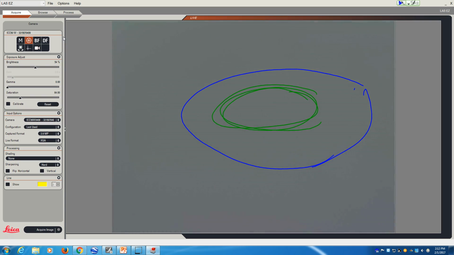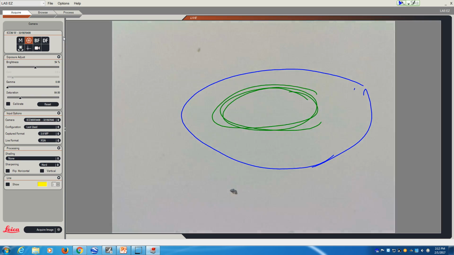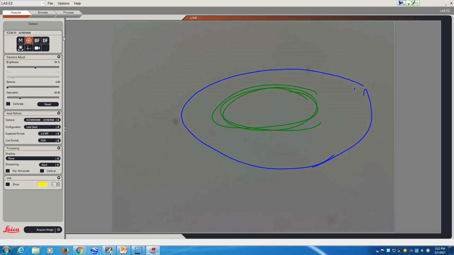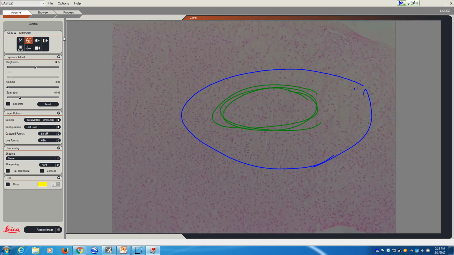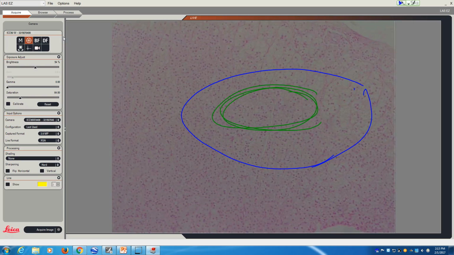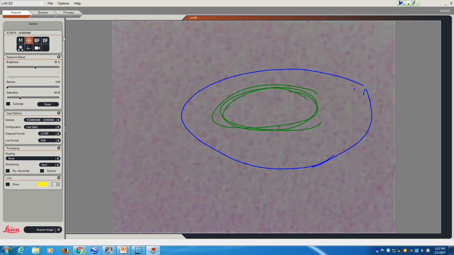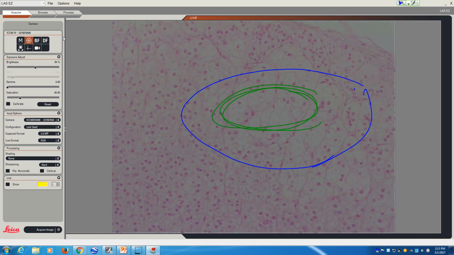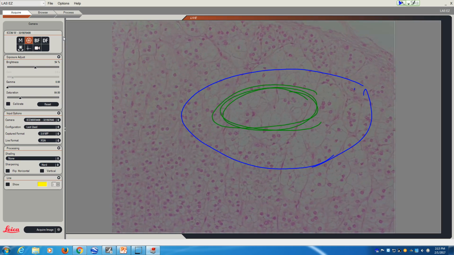Okay, adrenal is the next. Okay, let me see if it gives us some better perspective. It's probably the hardest one.